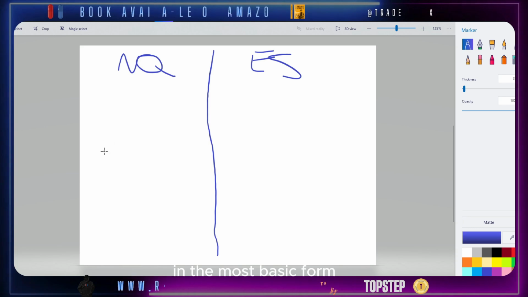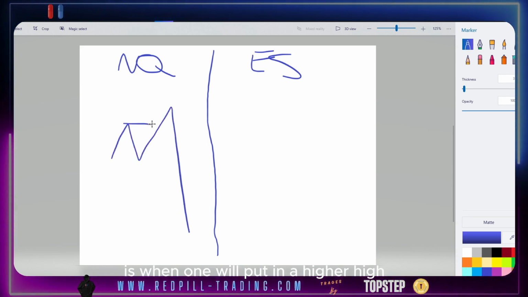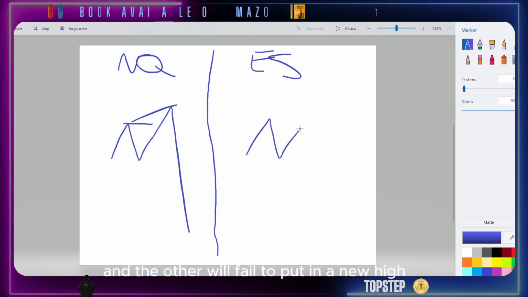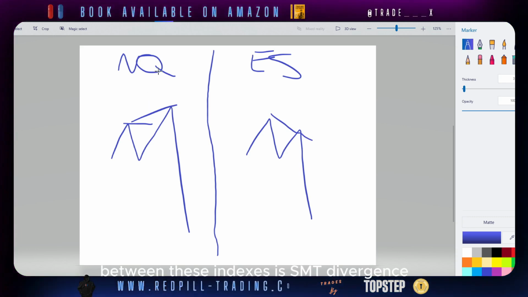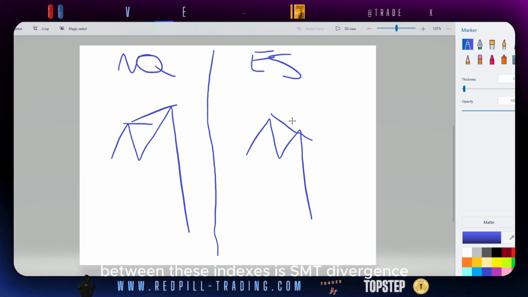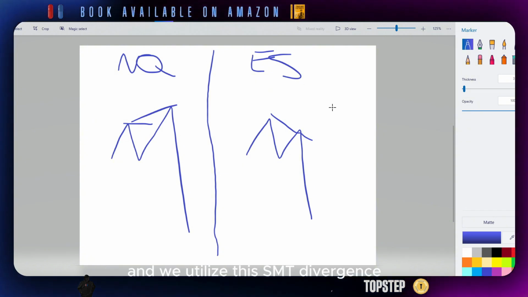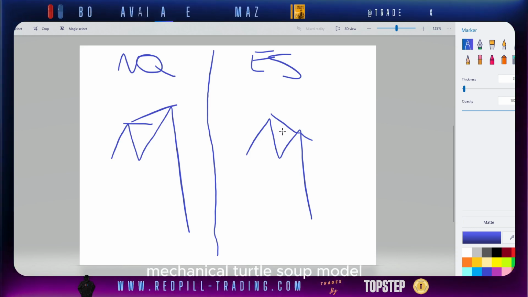SMT in the most basic form is when one will put in a higher high, so this turtle soup, and the other will fail to put in a new high. So this divergence between these indexes is SMT divergence, and we utilize this SMT divergence as part of our theory with my mechanical turtle soup model.